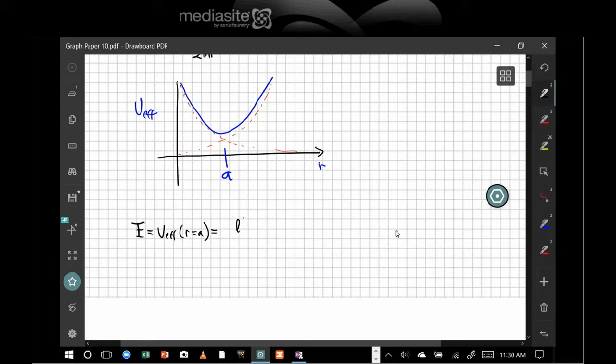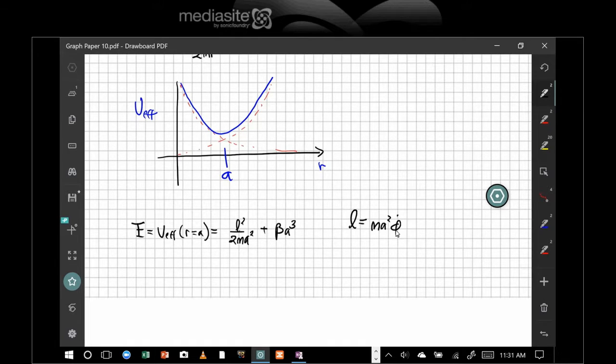And that's going to be equal to L squared over 2mA squared plus beta times A cubed, where the angular momentum of the system is going to be equal to mass, the radius, which is A, times the angular speed. So that's what the energy is going to be.